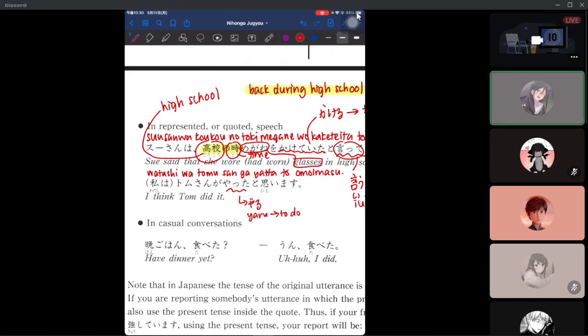Since it's in past tense, やった means did.